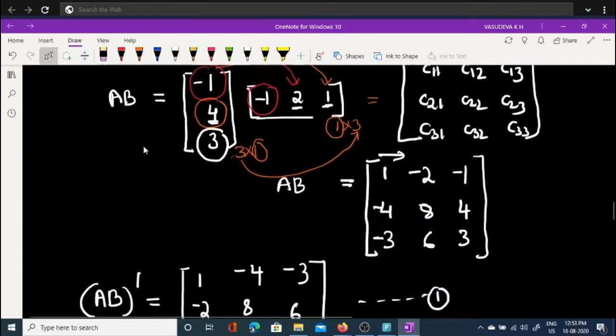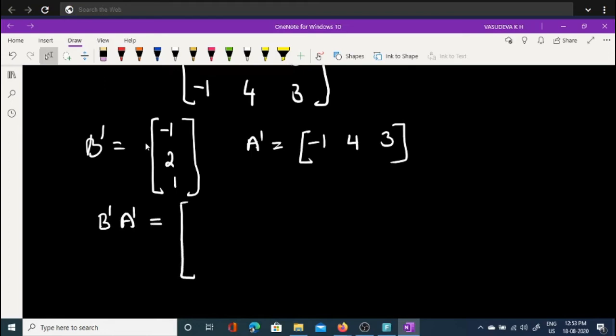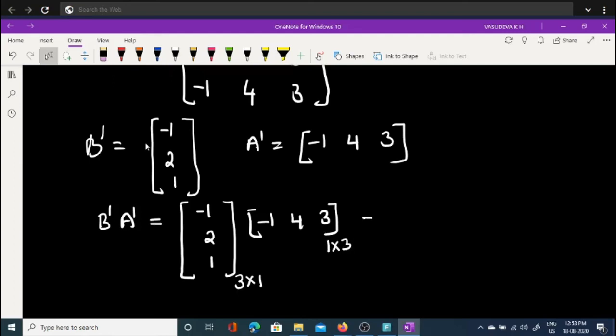So take that A dash as minus 1, 4, 3. So take B dash into A dash. B dash is a matrix of order 3 by 1, and A dash is a matrix of order 1 by 3. So the resultant matrix is of order 3 by 3.